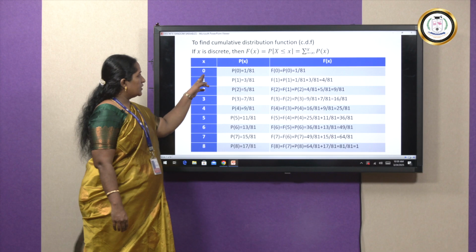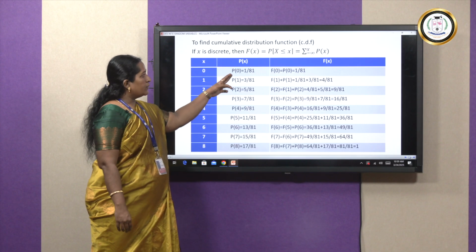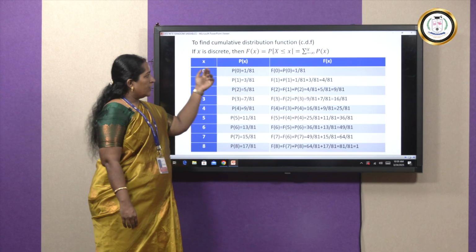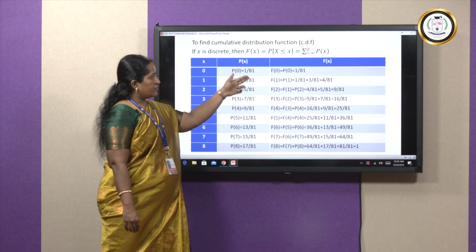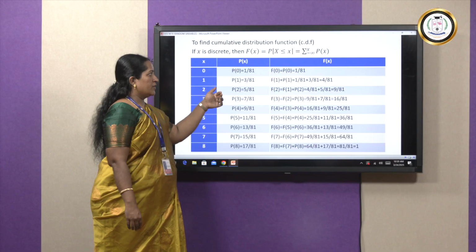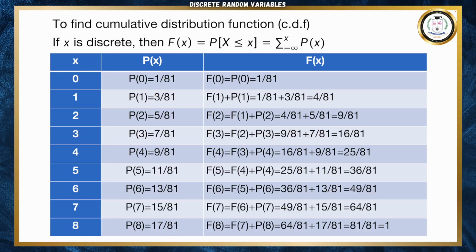Now take your first value p of 0, which is equal to 1 by 81. Now we need to find F of 0. F of 0 is equal to p of 0 by the property of a cumulative distribution function. Both are the same, so 1 by 81 we can write directly.